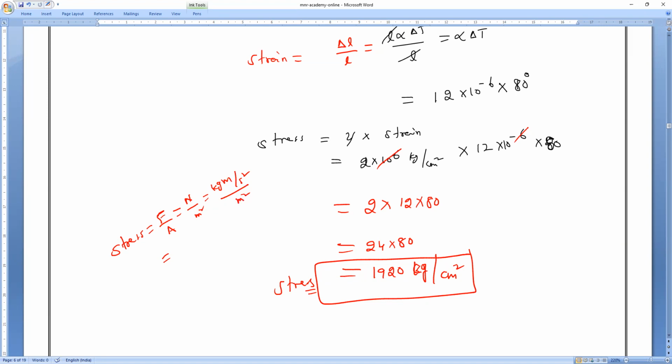So you have to write the units correctly. Here centimeter is given, so the units are kilogram per square centimeter. So 1920 is the answer.